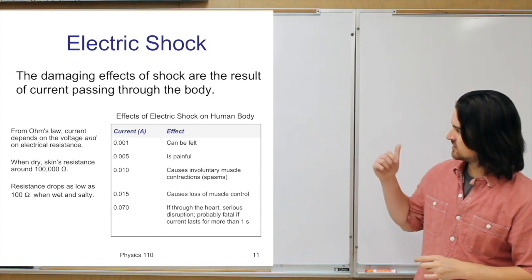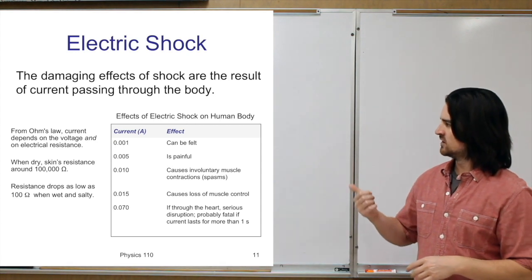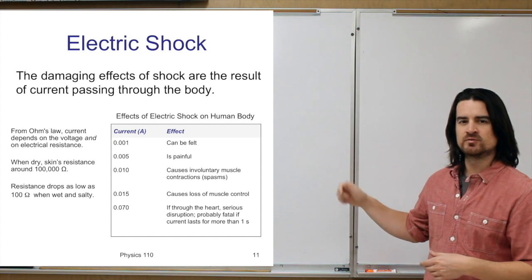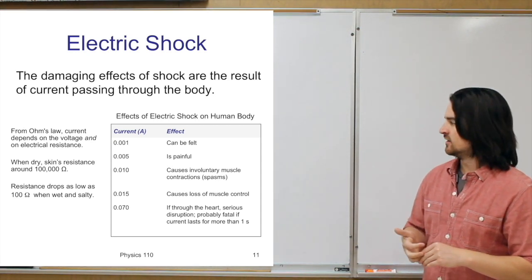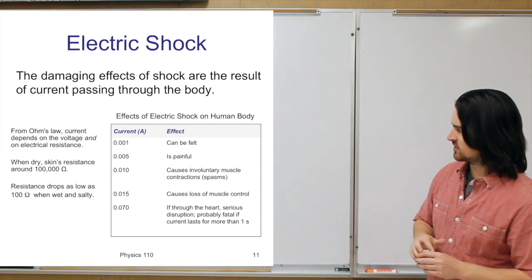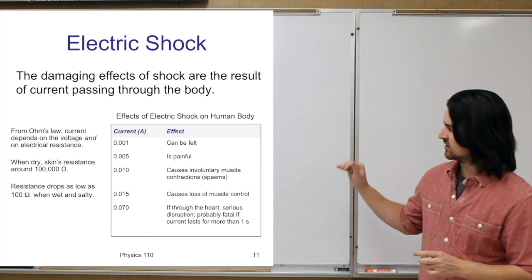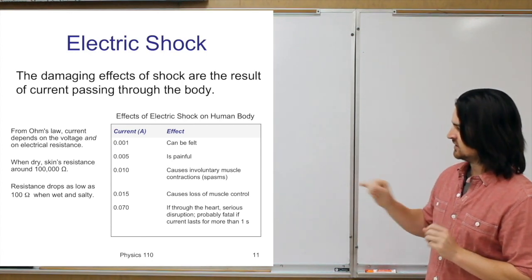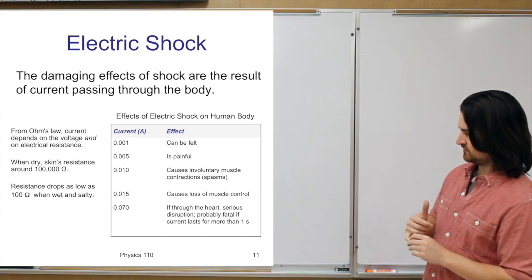So it turns out that when you're talking about electrical currents, it only takes maybe a thousandth of an amp, or a milliamp, before you can feel that amount of current flowing. Then 5 milliamps, I guess, is where it maybe gets painful. 10 milliamps can cause muscle contractions, can cause spasms, or your muscles to seize up. 15 milliamps can cause loss of muscle control.